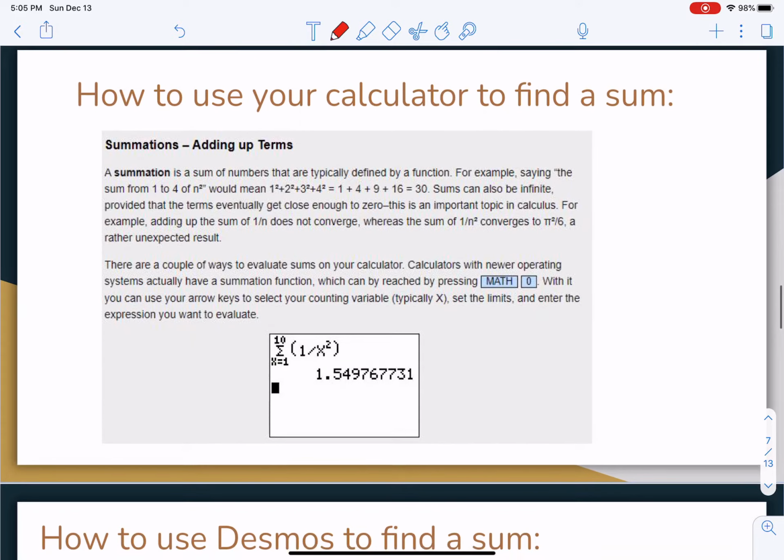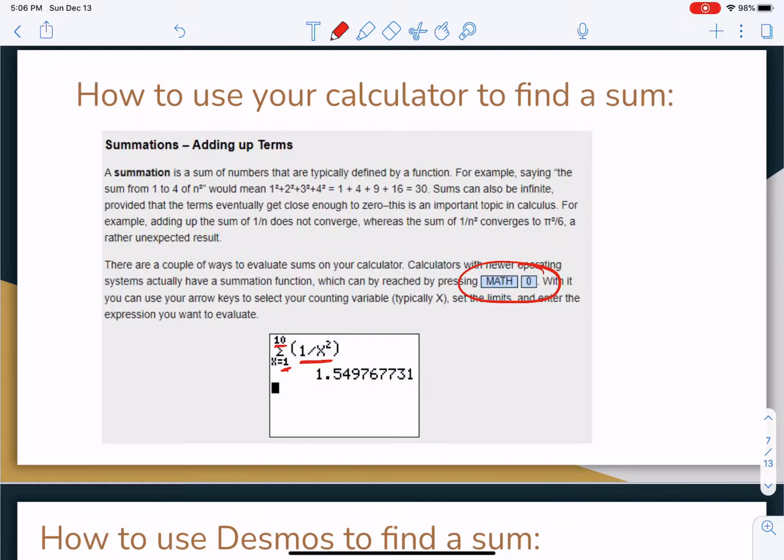So we can do these by hand, or you can do them on your calculator. If you're using the calculator on the Chromebook, you're going to press the math button and 0. And your calculator will give you the summation symbol, and you can type in your argument, and then your index going from the starting value to the ending value.